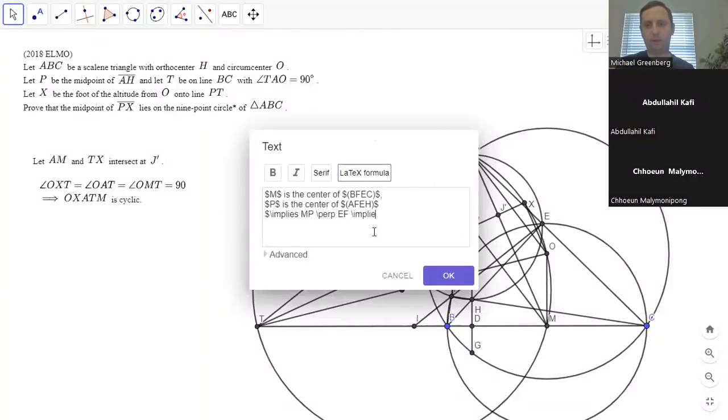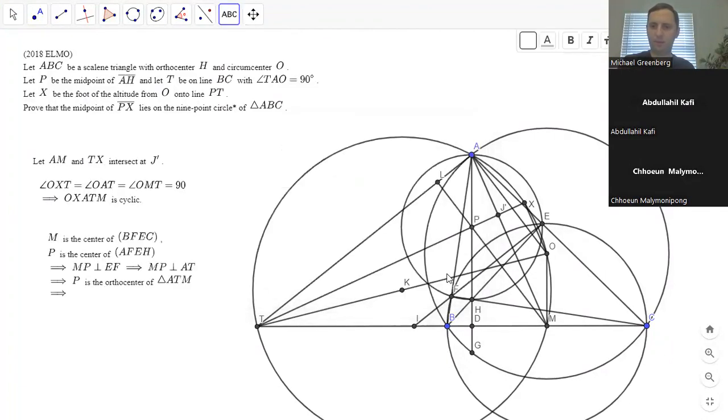And that means that MP is perpendicular to AT. And that implies that P is the orthocenter of ATM. That implies that PJ prime equals J prime X.